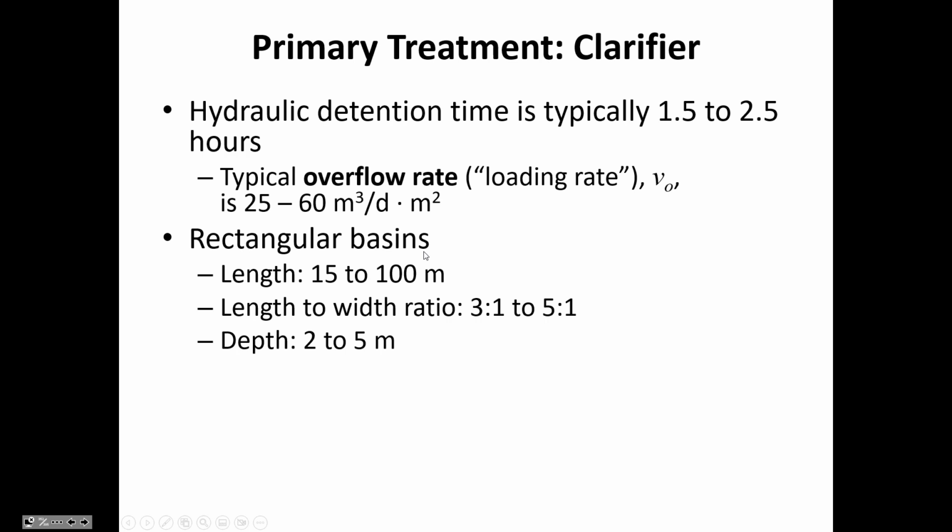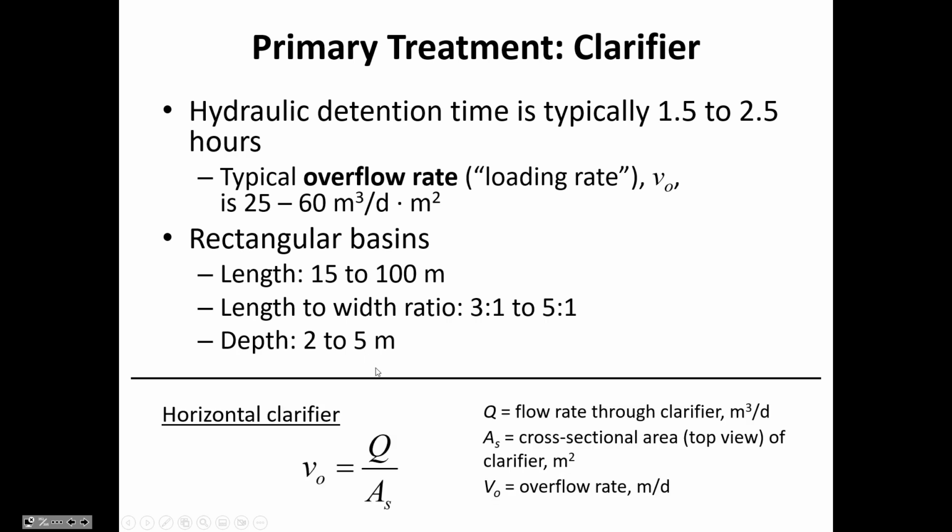To really ensure plug flow, you'd have baffles between segments, and depths of between 2 to 5 meters are typical, partly because any deeper than that and you're having to lift the water up at a higher distance with some sort of a pump, but then also just the pressures become higher and leaks would be more common. So here's the formula for the loading rate that we can use to assess how much water is getting into a horizontal clarifier. It's the flow rate that's being treated and then the cross-sectional top view of the clarifier.